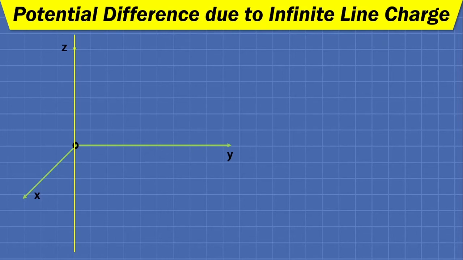As you can see, this yellow line is infinitely stretched from negative infinity to positive infinity on the z axis with rho L coulomb per meter charge density, and for this case we are considering that a constant, or say uniform, line charge is distributed along this infinite line.